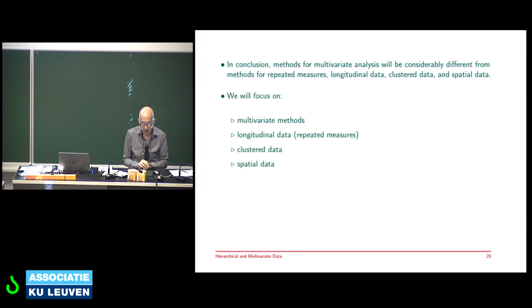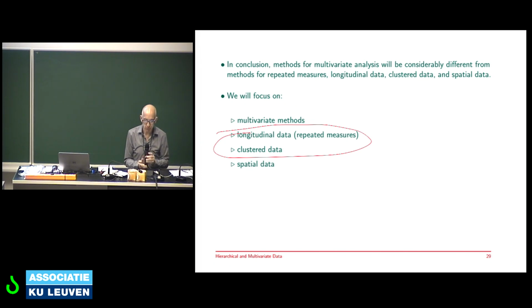Okay, good. So what will we focus on in the remainder of the course after all the examples have been introduced? Multivariate methods through the techniques that I mentioned, principal components, discriminant analysis, longitudinal data and cluster data, making a distinction between them, but yet putting them in the same framework.